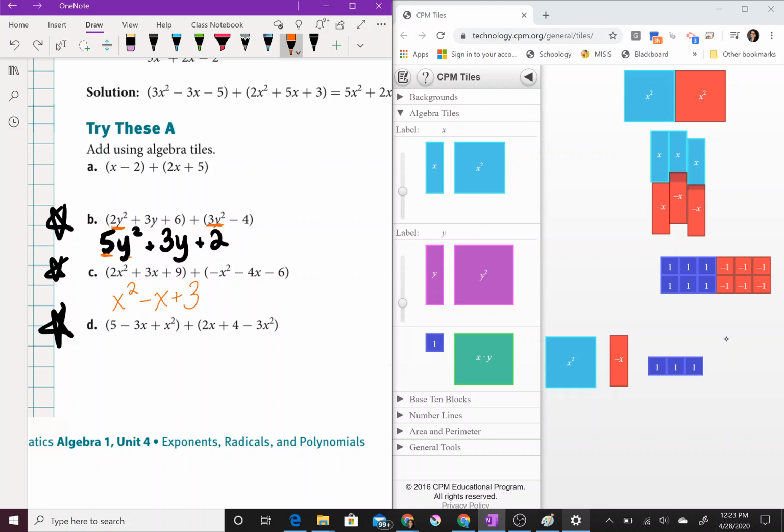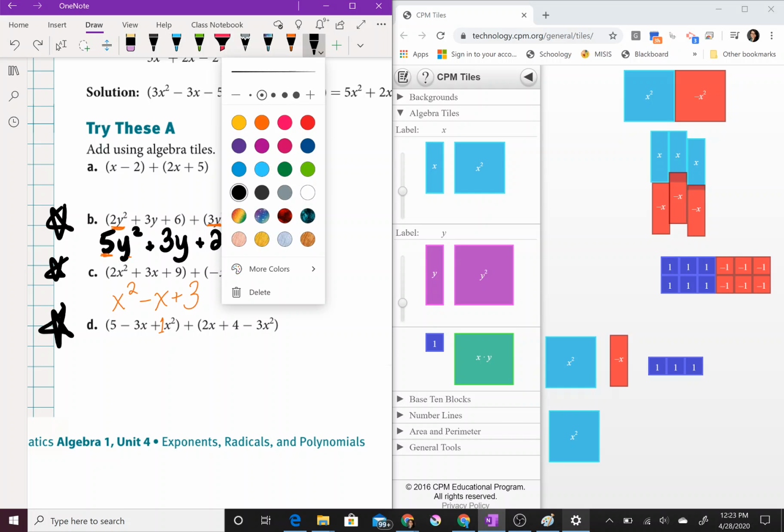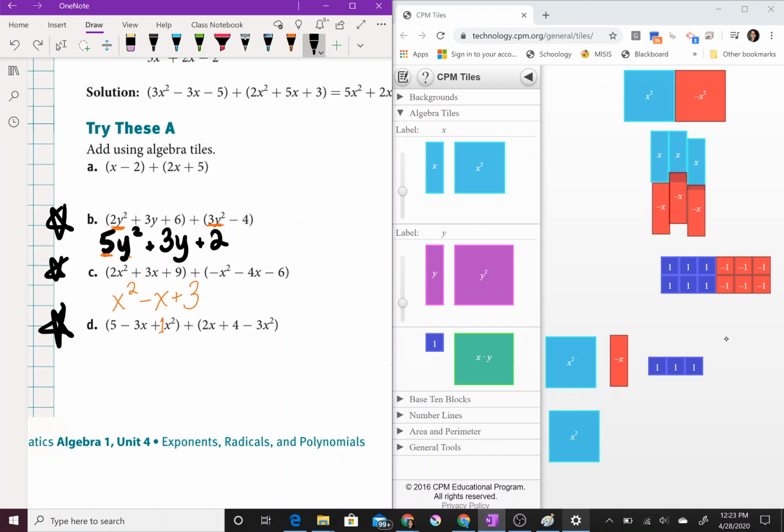I have a positive x squared, and that's the same as having just 1 x squared. So I'm just going to put a 1 in front of that. And I'm combining that with -3x squared. So just remember again, if I'm combining 1 and -3 in there, that's like saying 1 minus 3, that's -2.